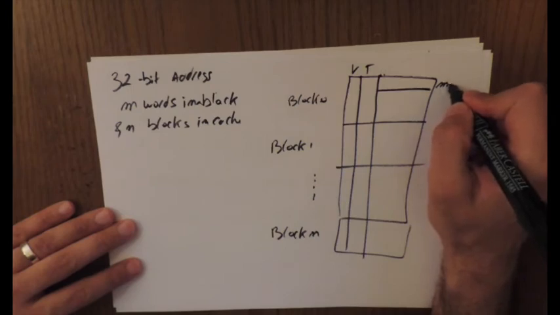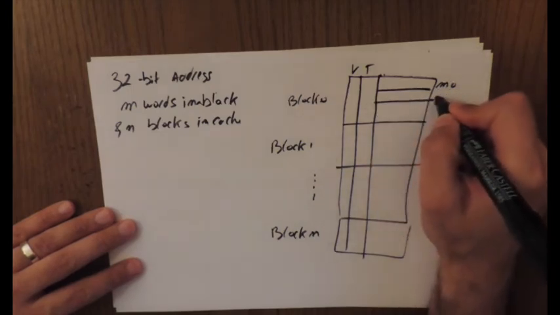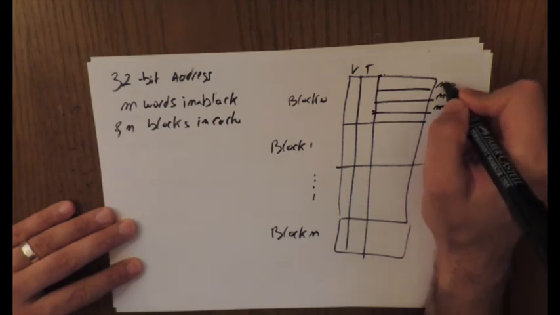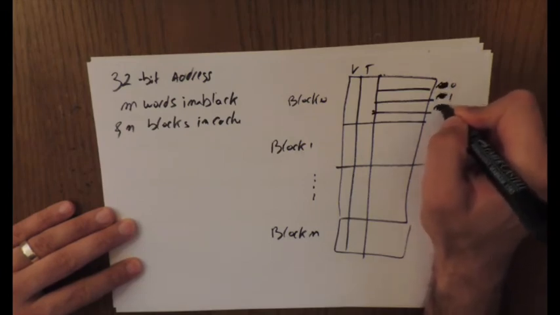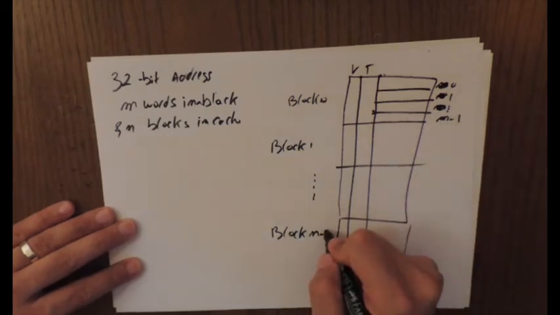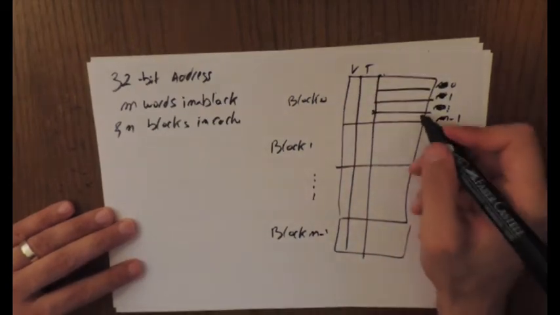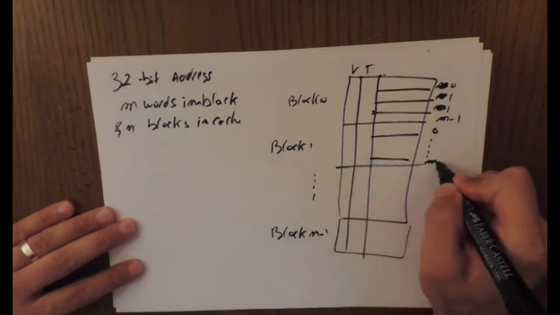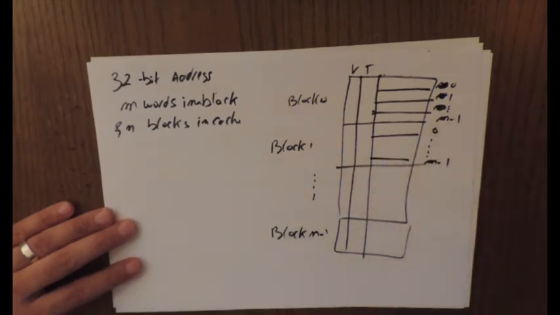So this is 0, 1, all the way to m-1, and of course this is n-1 because we start from 0. So in each one we have from 0 all the way to m-1 words.